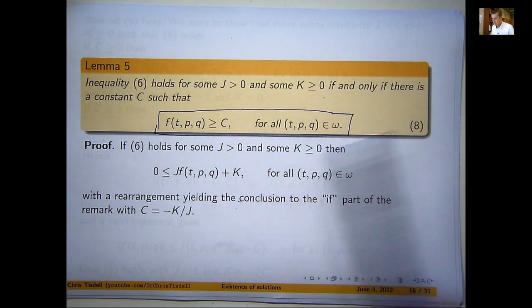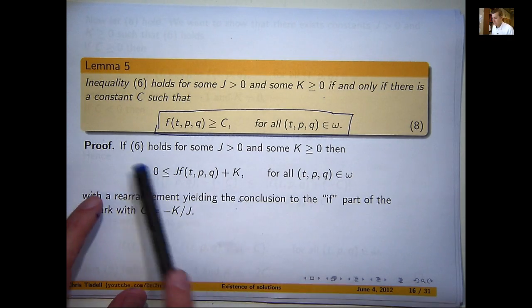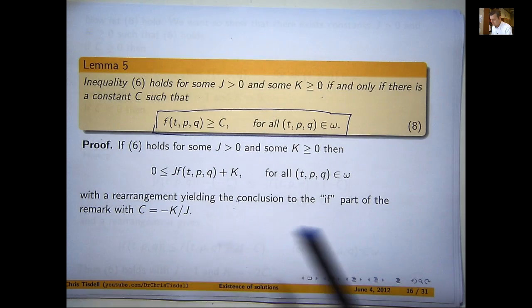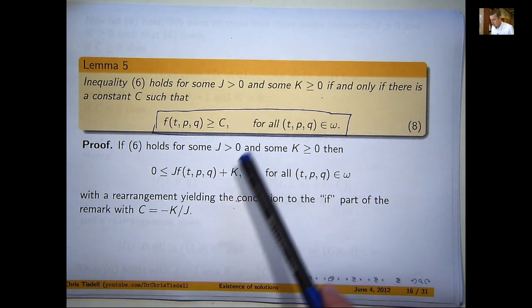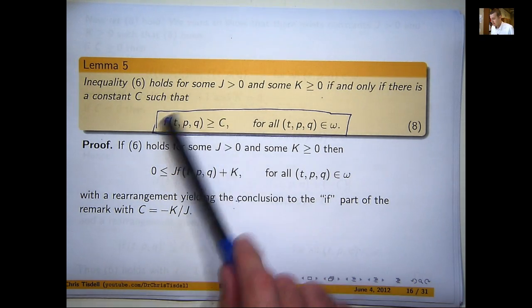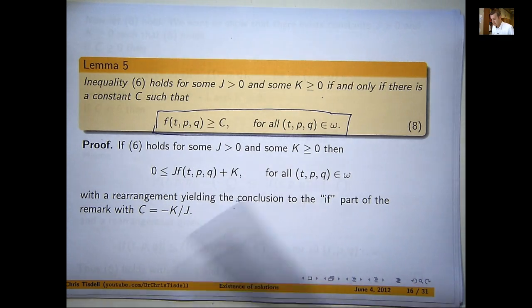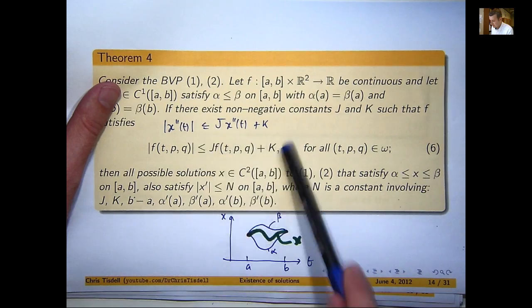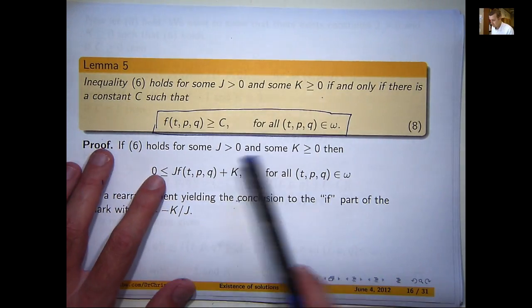Okay, it's an if and only if statement, so in order to prove it, we need to prove it both ways. So let's assume that 6 holds, and then what we want to do is show that there is a c such that this is true on this set. Well, if 6 holds for some positive j, then this right-hand side has got to be non-negative.